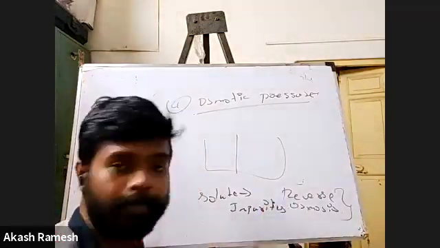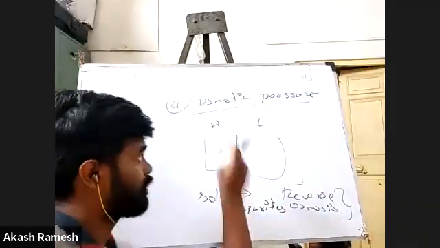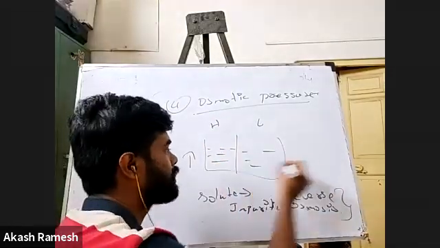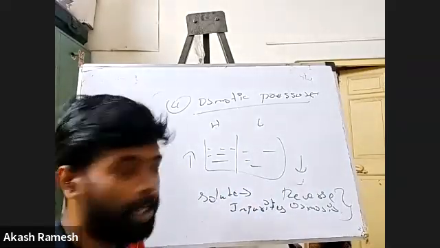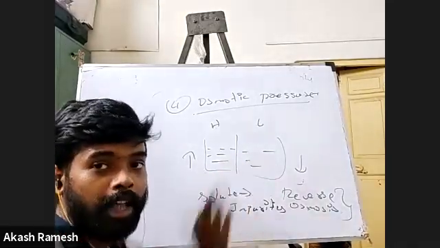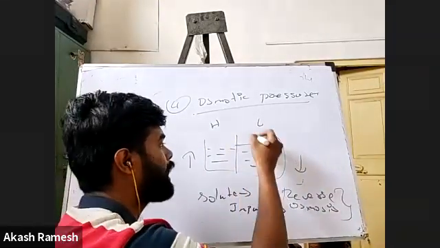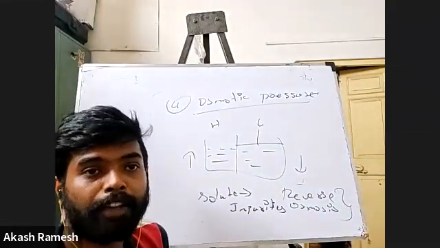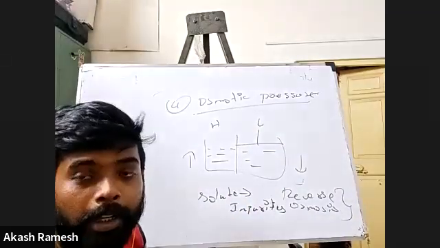Okay, right? So now when I say higher concentration and lower concentration, in this side I have more impurities, and in this side I have lesser impurities. That's what you need to understand. This has high impurity, this has low impurity. Fine. Now if I exert a pressure on the lower concentration side, what will happen?